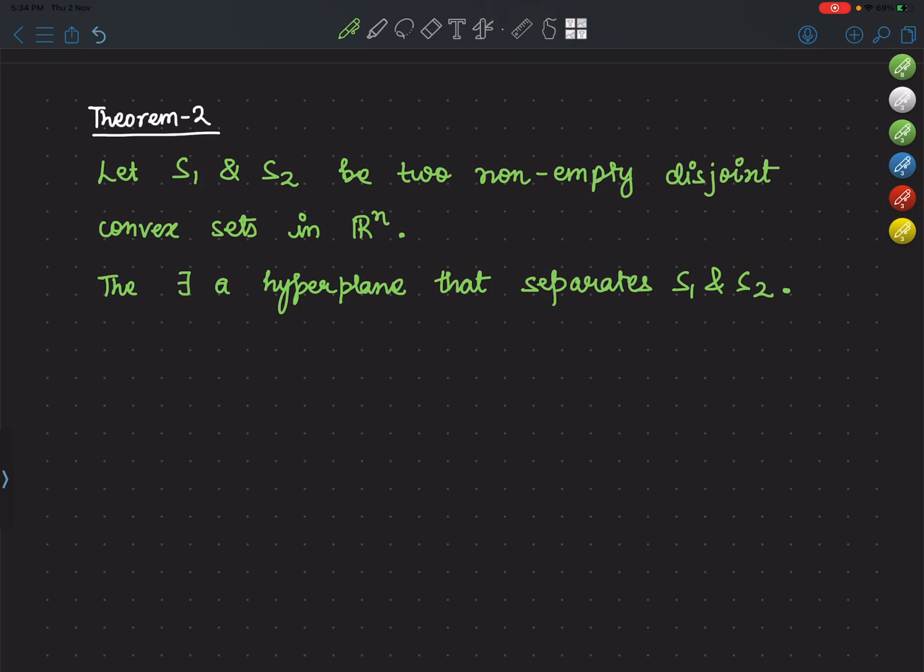Separates is the definition that we saw earlier.